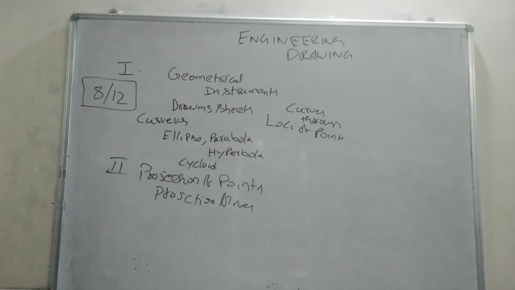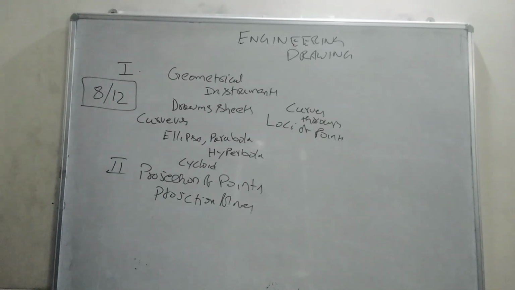If the object is in front of the vertical plane, what is the image that will fall on the vertical plane? If you are viewing this object from the top side, what is the image that will fall on the horizontal plane? If you are rotating the object, when you are saying in the top view the axis is perpendicular to the horizontal plane, then how will the front view vary?